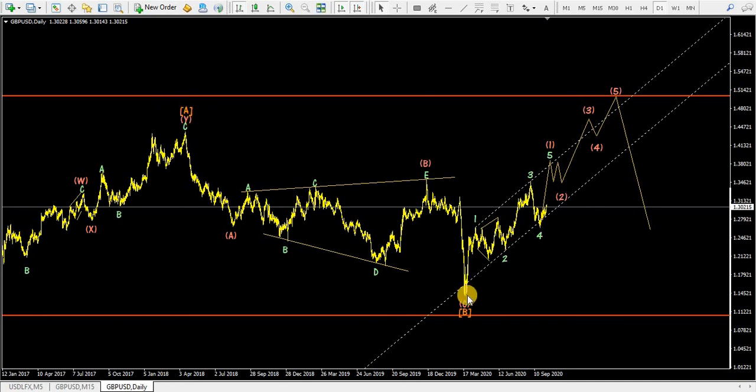We've got a 3-wave structure coming down. What can we anticipate? We can definitely anticipate a 5-wave structure coming up. Now, obviously, there's a lot of fundamentals that might be taking place at the moment that might be driving this kind of mass psychology, but we are more interested in the wave structure itself.